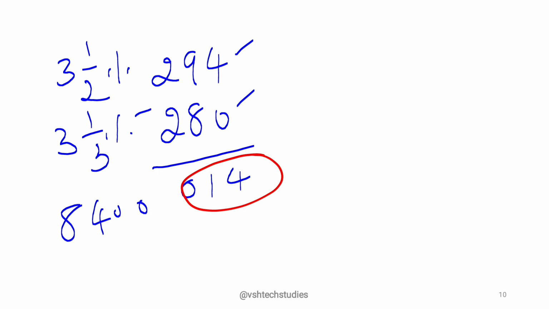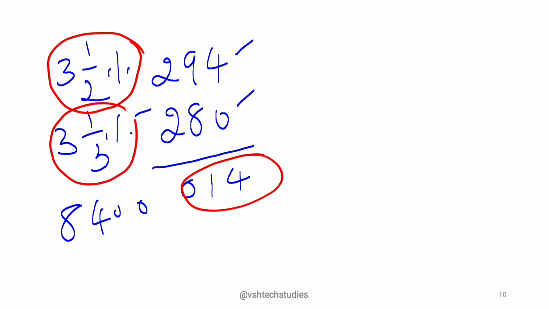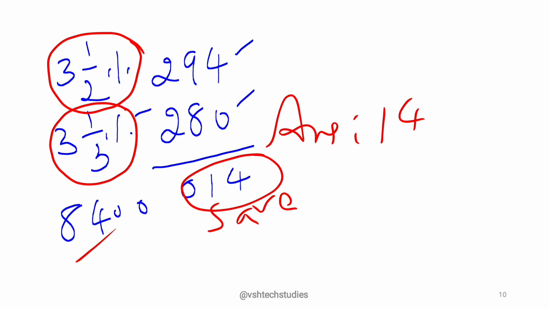That is, when the tax is reduced from 3.5% to 3 1/3% on an article of marked price 8,400, he is able to save 14 rupees. That is the answer. Right? That is the answer.